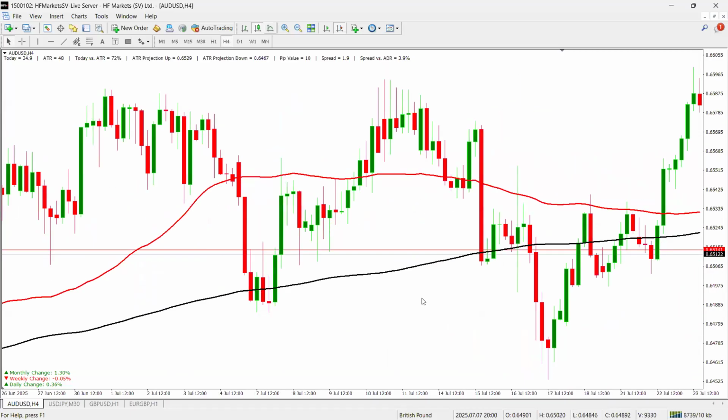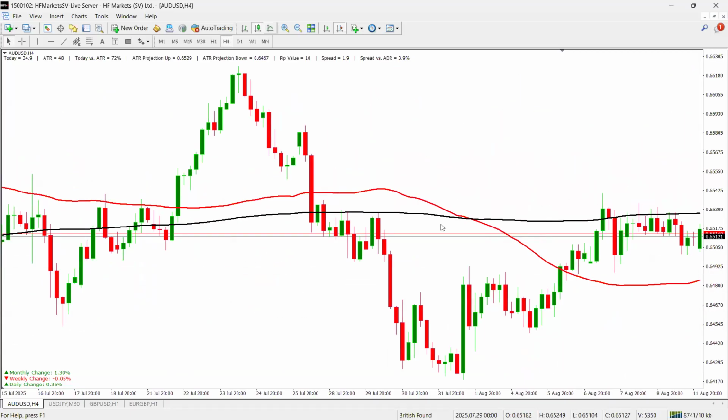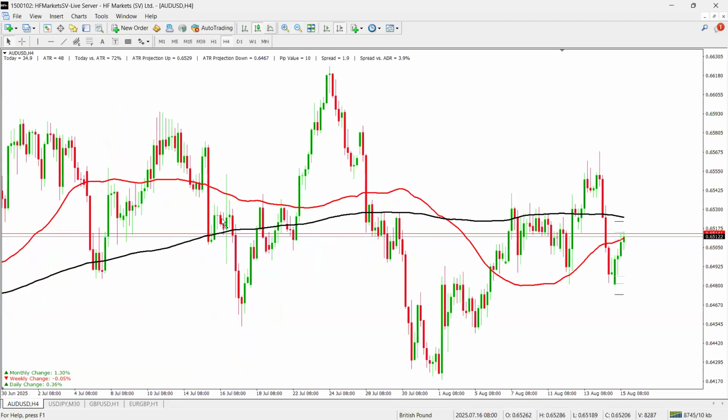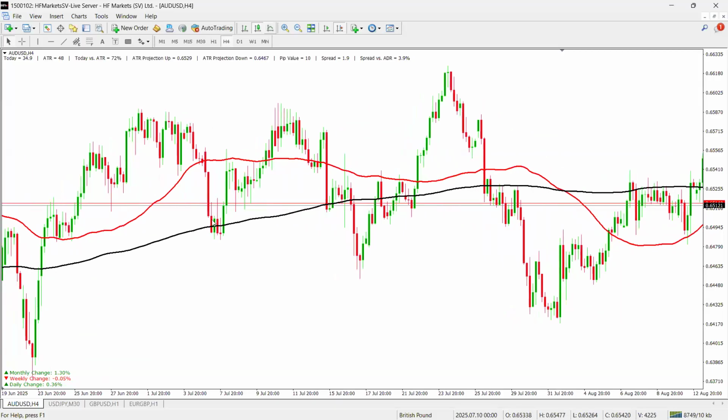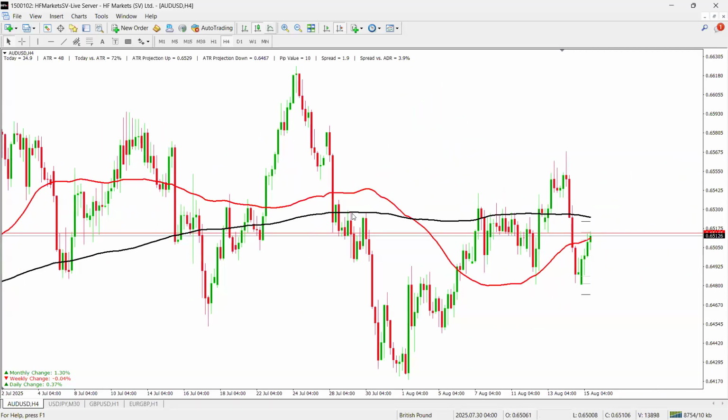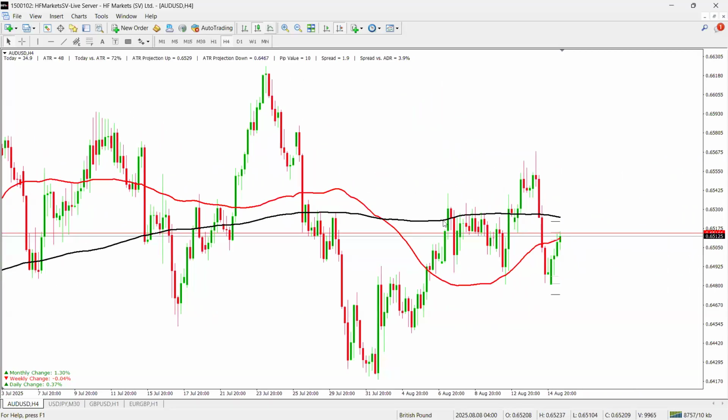It has been a straight line for as long as I can remember. But guess what? It has been a good servant of price action. Support here, resistance here, also resistance all around this point. Sorry, this is 200, the slow one. It's been a good servant of price action.